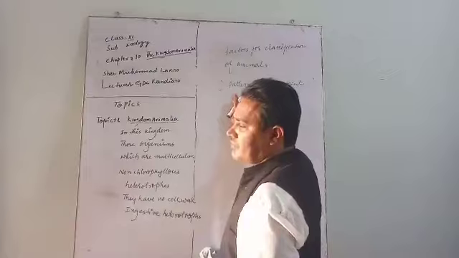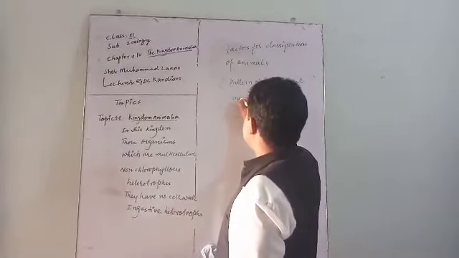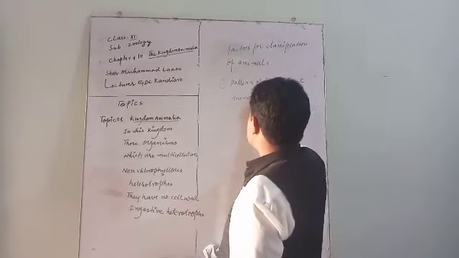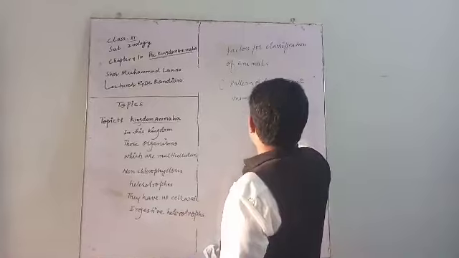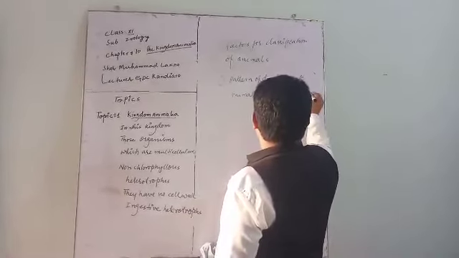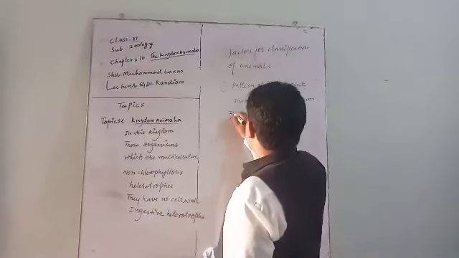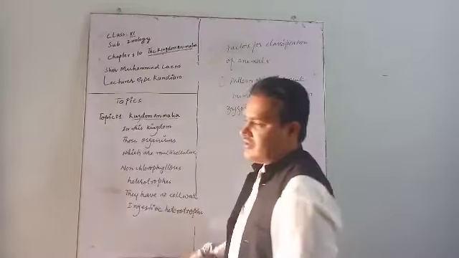Now, pattern of development. Animal life starts from the zygote. Zygote is a diploid cell.